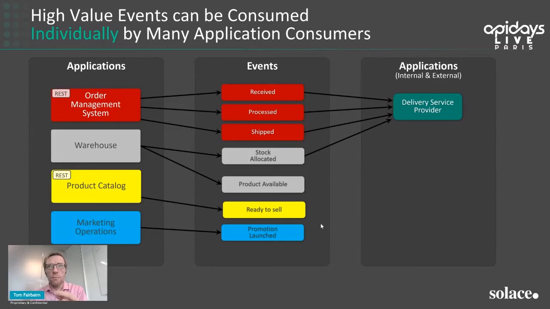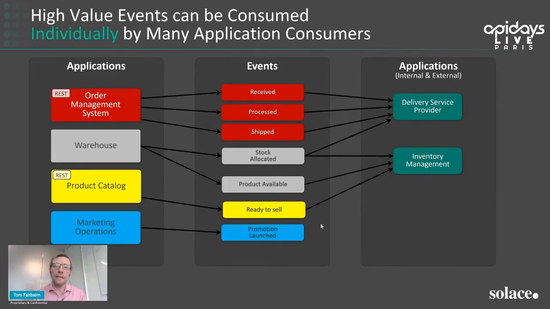When the payment has been received and the order's ready to go, we probably want to notify our DHL or FedEx or wherever other delivery providers are available, that we're ready to start really getting going with this order now. And then once we've allocated stock and we're ready to ship the order, well, that's definitely the point at which we need to say to the delivery service provider, come and pick it up, right? So if we think about things from the application point of view, we want to consume all of those 4 events.